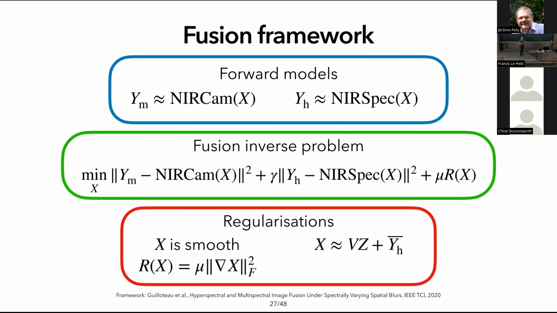We say that the scene we search for is composed of a few characteristic spectra. This is enforced through a PCA on the NIRSpec observation, so on YH. With this, we have basically the framework we used, which was previously developed by Claire Guilloteau in this paper.